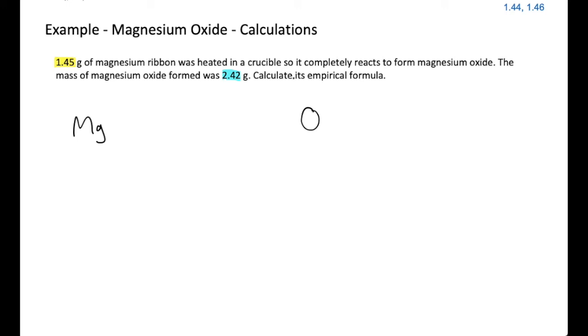Now we're asked to calculate its empirical formula. However, in the previous question, which we did on the first page, the numbers for mass were actually just given to you. For this question, you do have to do a bit of extra work in order to get all the numbers you need. But we'll begin the calculation anyway. So first thing we need to do is obtain the relative atomic masses of the elements involved.